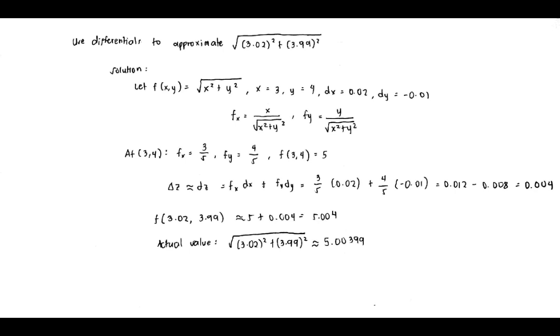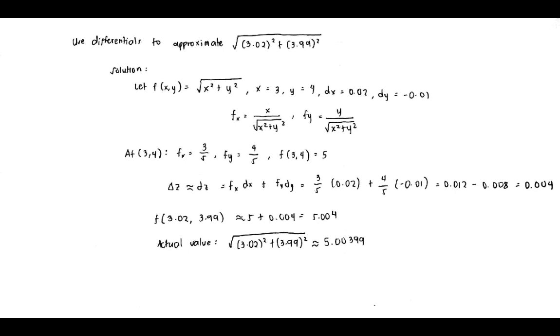So the change of z is approximately equal to dz, which is f_x dx plus f_y dy, equal to 3/5 times 0.02 plus 4/5 times negative 0.01. So we have 0.012 minus 0.008, which is equal to 0.004.